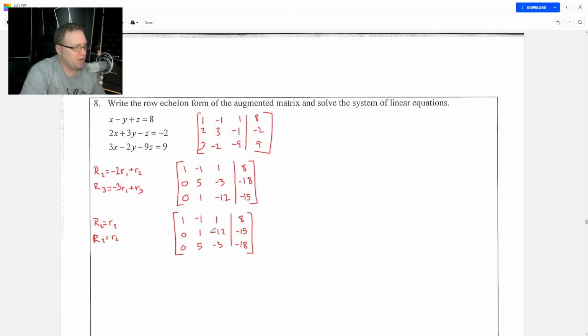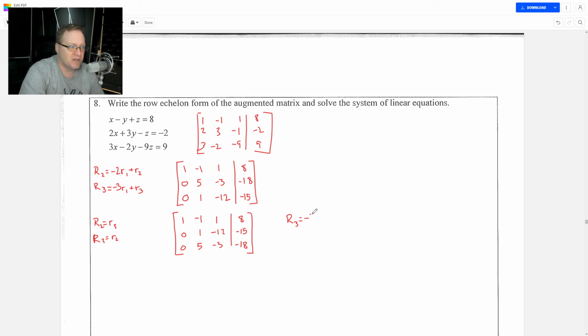The next part of step 4 is we need to get a 0 here. Just like what we did up here, we're going to change row 3. So we're going to have a new row 3. The way we're going to do that is we're going to multiply the second row by negative 5 and add it to this one, because negative 5 times 1 is negative 5 plus 5 is going to give us a 0.